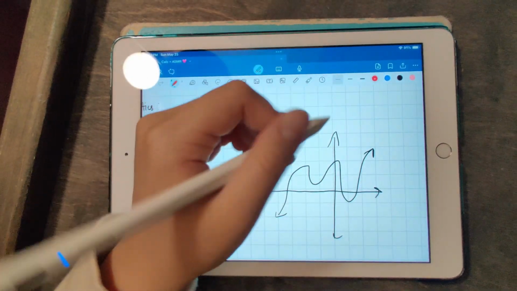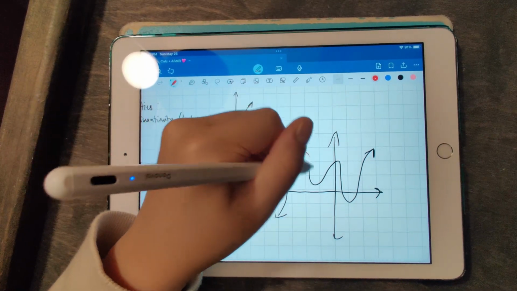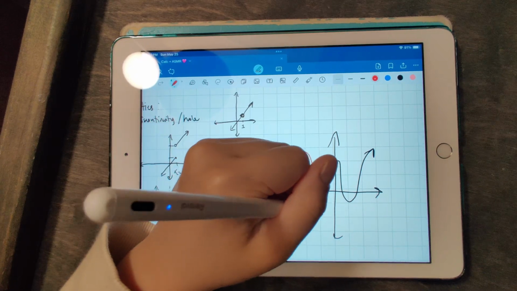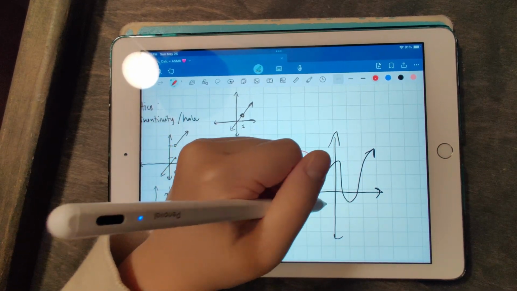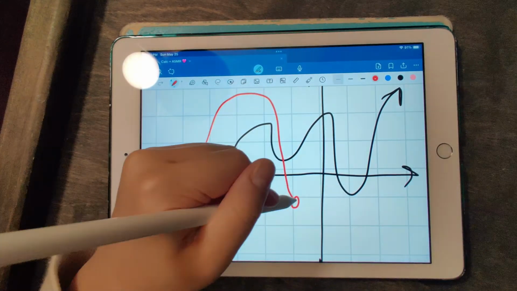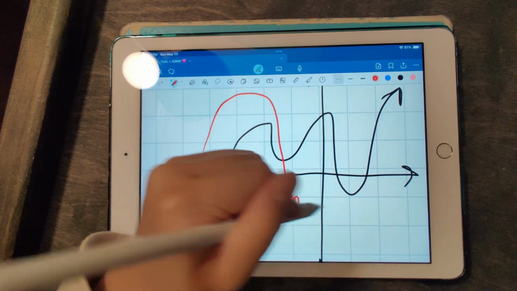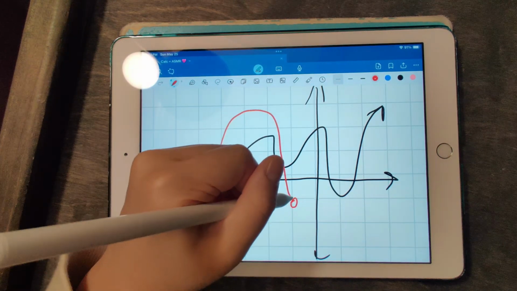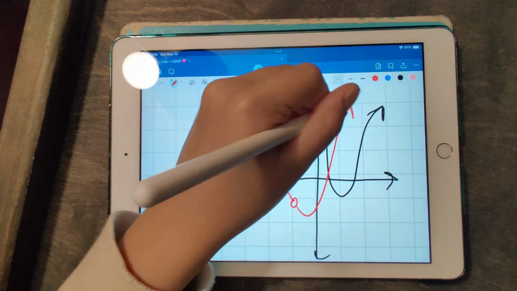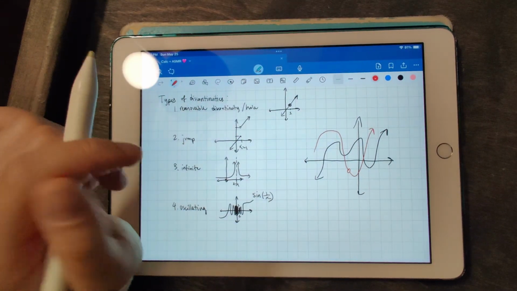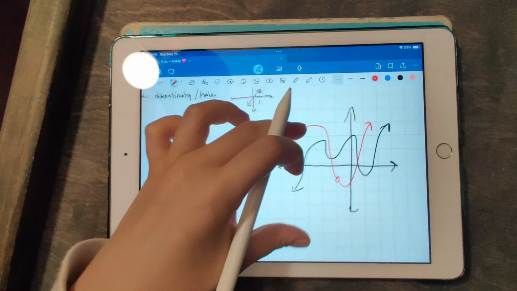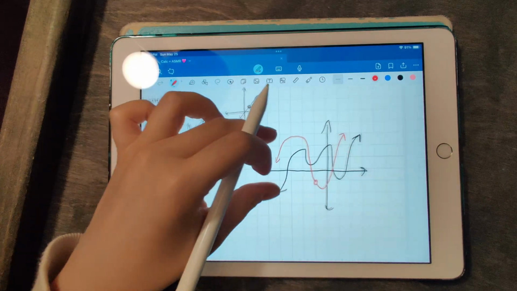Whereas if I have a function like this with a removable discontinuity there, I have to pick up my pen to draw this function, because I can't just keep tracing through this point, because this point is undefined. I have to stop and then start again. So graphically, that's what a discontinuity is. It's when you have to lift up your pen from the paper.